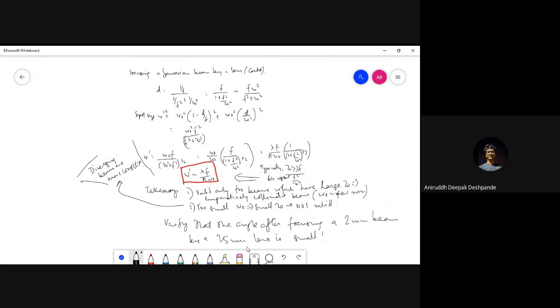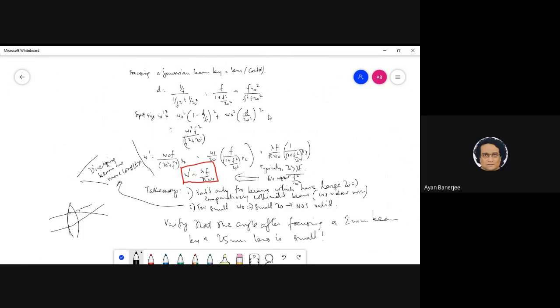Sir, I didn't understand the question. Which angle are you talking about? This one. The thing that you've written on top, where you've derived d is f z naught square by f square plus z naught square, and typically f square is much larger than z naught square, so d is nearly f.